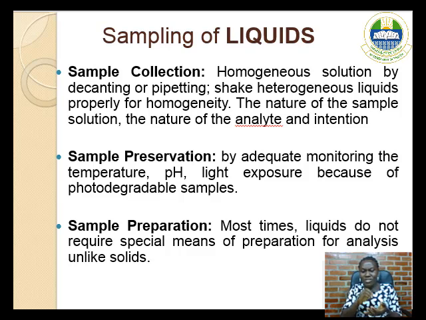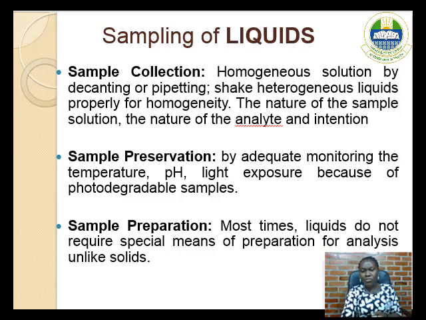So the container employed is very important. The mode and your timing are very, very important here. All these are factors that determine your sample collection. The nature of your sample solution determines it, the nature of your analyte determines it, and your intention, what you want to use it for, also determines how you collect your liquid samples.